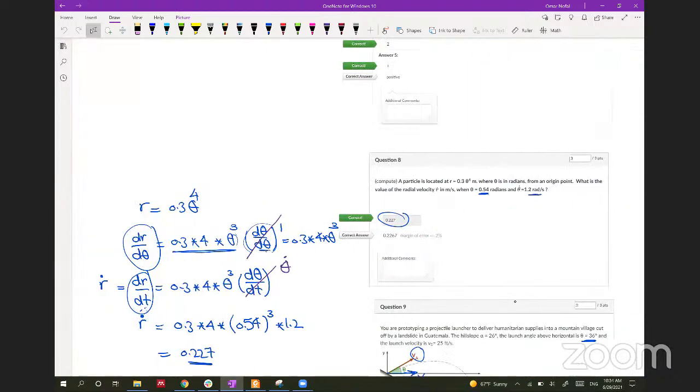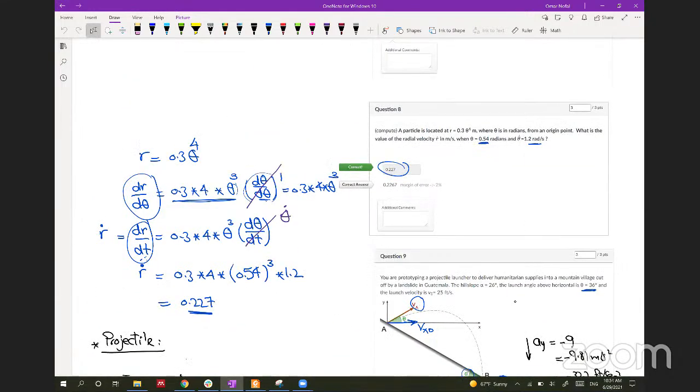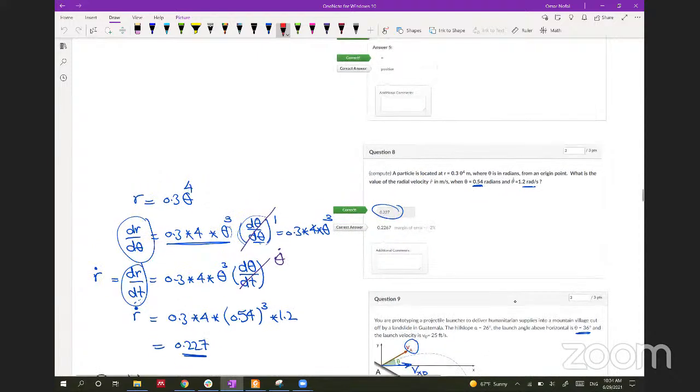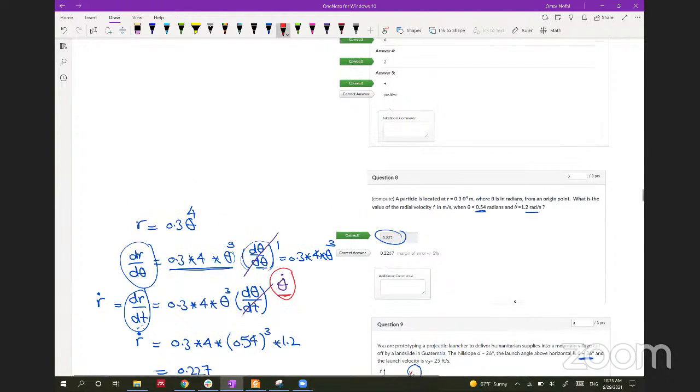I took the derivative with respect to theta. But how come we don't use theta dot when we plug in the value? I took the derivative of r, which gives 1.2 theta cubed.